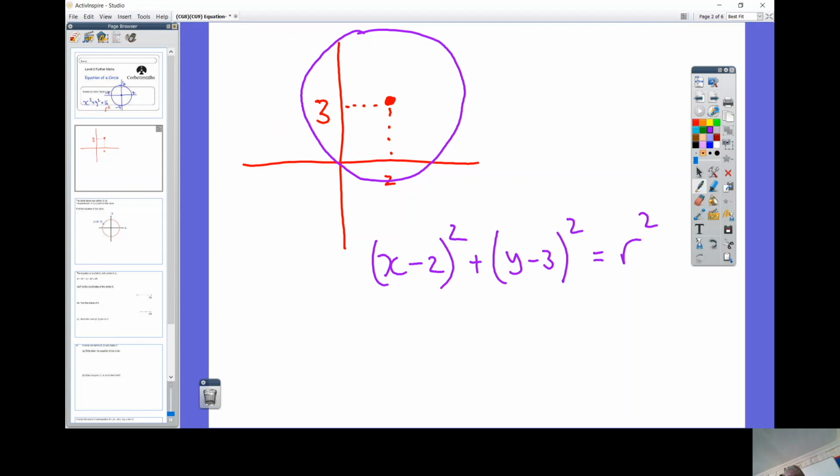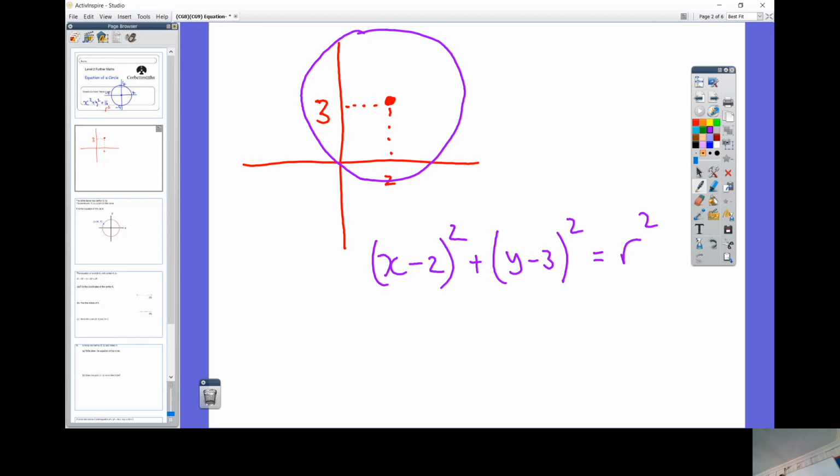Don't worry too much about the radius. The point is, whatever the coordinate is which is the centre, you're minusing that. So if the centre of the circle is 2, 3, and they ask you to write out the equation, it's x minus 2 squared, y minus 3 squared. If the centre of the circle were minus 2, minus 3, it would be x plus 2 and y plus 3.